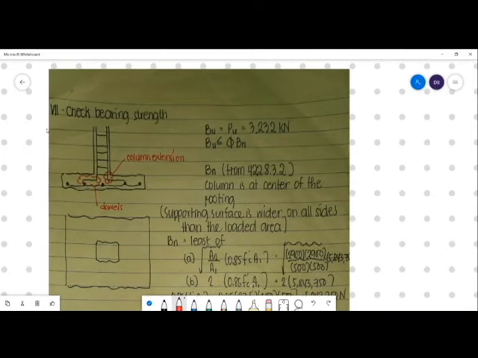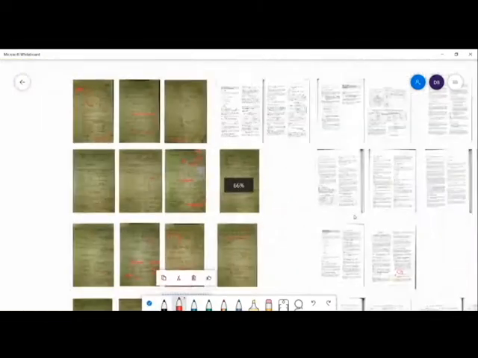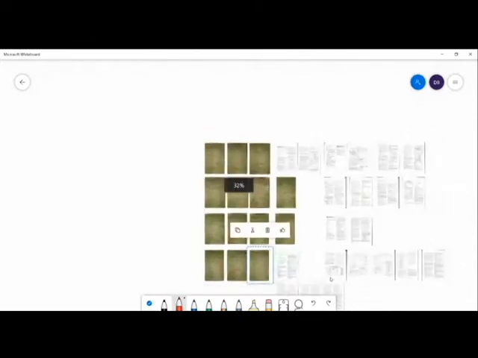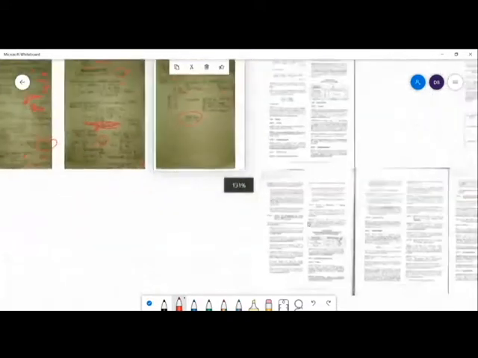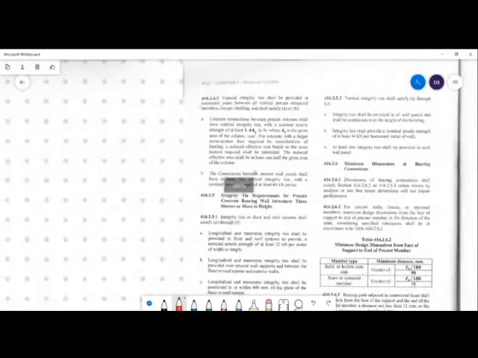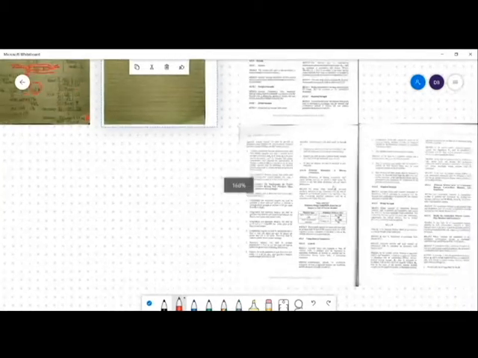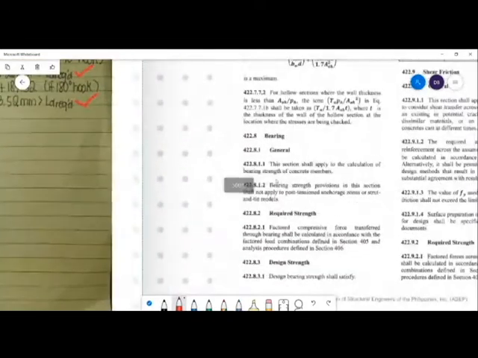Let's check other factors, such as impending bearing failure due to the transfer of load from column to the footing. From section 422.8.3.2, considering the bearing strength, section 422, bearing strength of concrete members.